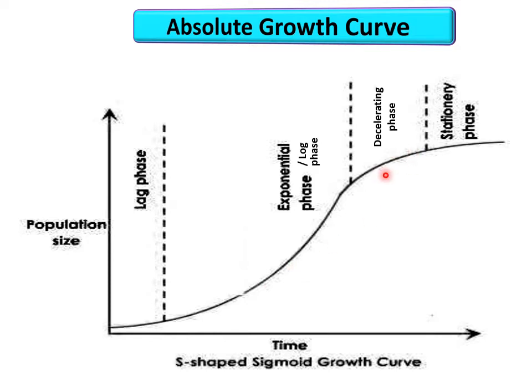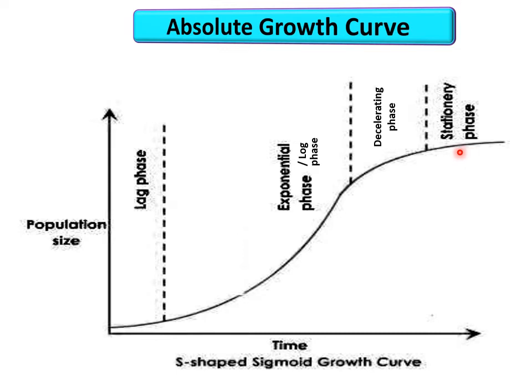For the decelerating phase, growth decreases and becomes limited. Growth becomes limited by factors such as insufficient food, limited space, less oxygen, and accumulation of waste product. In the stationary phase, growth is relatively constant, a period where overall growth has ceased or stopped.